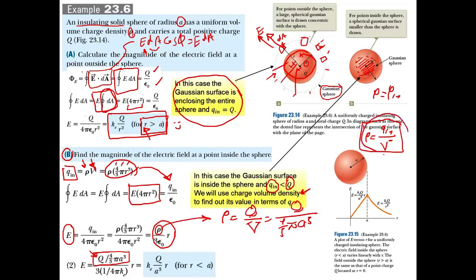Here, rho is for the Gaussian surface. So you do that, and look at this answer. Again, it's not easy to memorize this answer, but there is something unique about it.